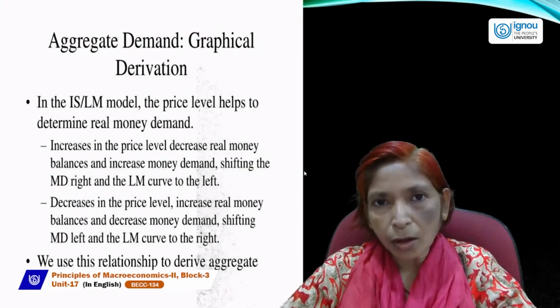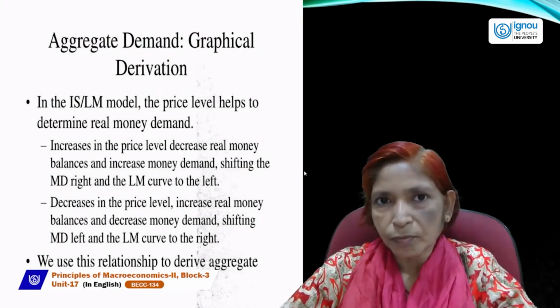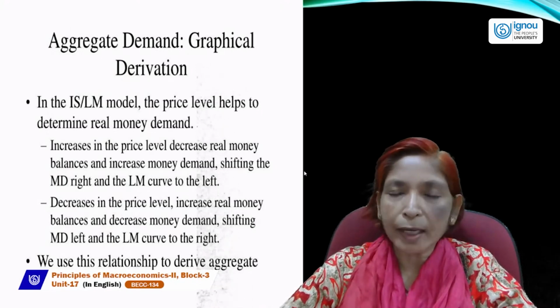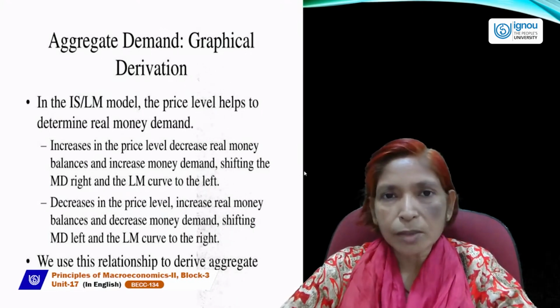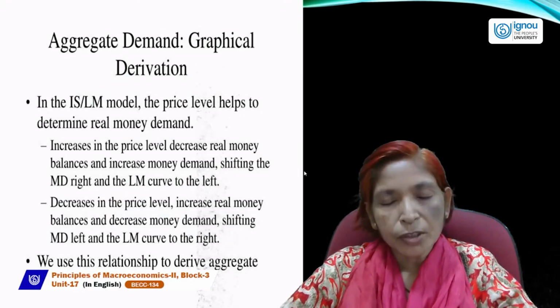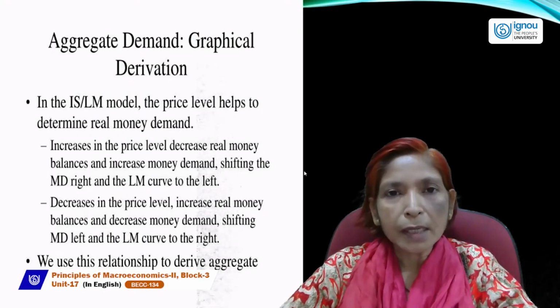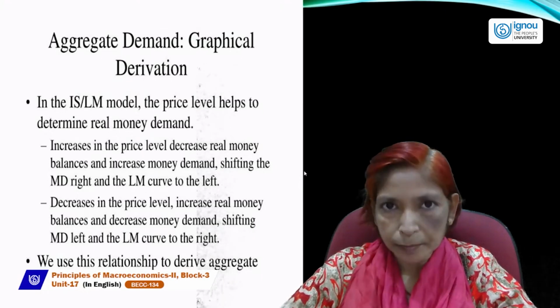In a two-sector economy, we take only two components, C and I. But in a three-sector economy, we take three components of aggregate demand: consumption demand, investment demand, and government demand. So in the three-sector model, we include C plus I plus G in aggregate demand.